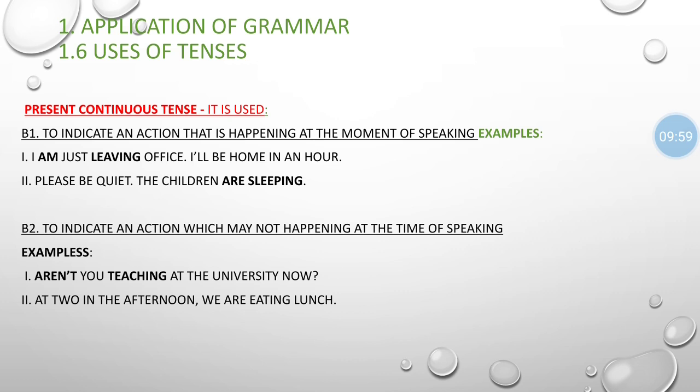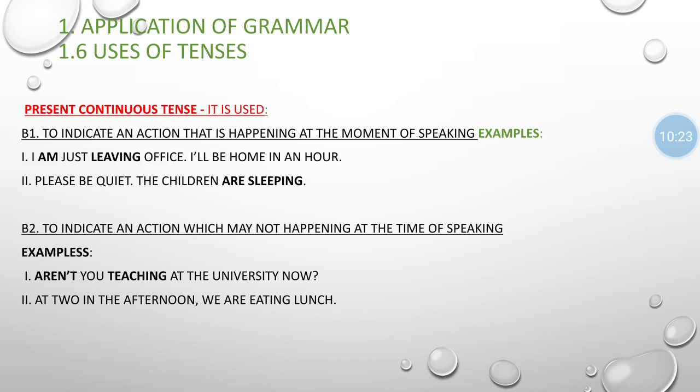Next, the present continuous tense. The present continuous tense indicates the action is partly incomplete. We identify the verb by ing. The ing form is used in the present continuous tense. But as with the simple present tense, we know that the continuous form and V3 form never come separately.